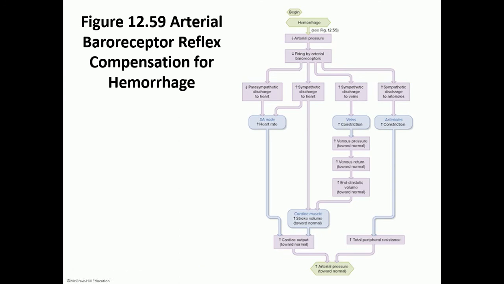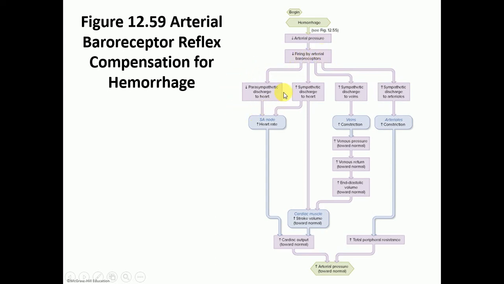Now, here is an overall look at how the body can compensate for hypotension or hypovolemia, loss of blood due to severe hemorrhage. When we hemorrhage, there's an overall decrease of arterial pressure that decreases the amount of impulses coming from the arterial baroreceptors.